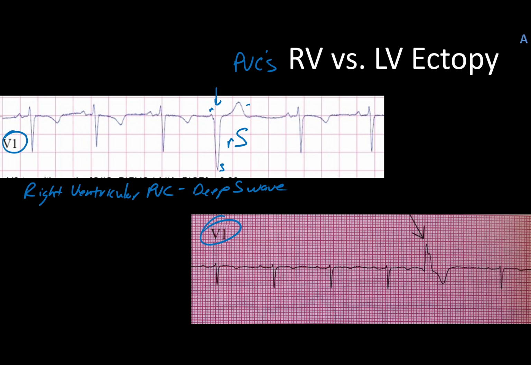On the other side of the coin, for a left ventricular PVC, you are going to have a tall R wave. And that's going to look just like what you see here. And one of those things that you hear people talk about a lot are the rabbit ears.